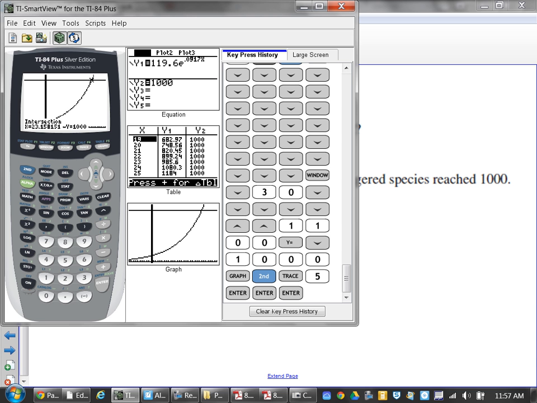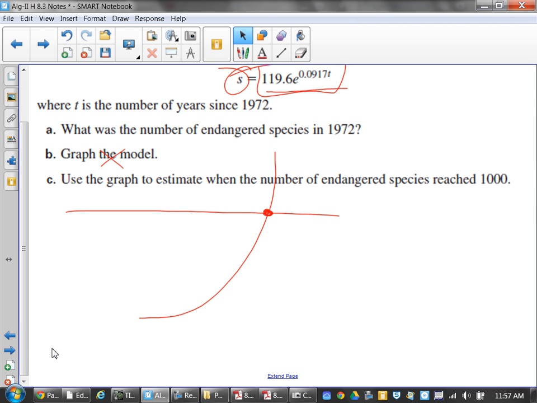There's 31 plus 26, so February 26th. So on February 26th of 1995, that's when you approximately hit 1,000. So if you want to be that super nerdy specific, go for it. It's kind of fun.